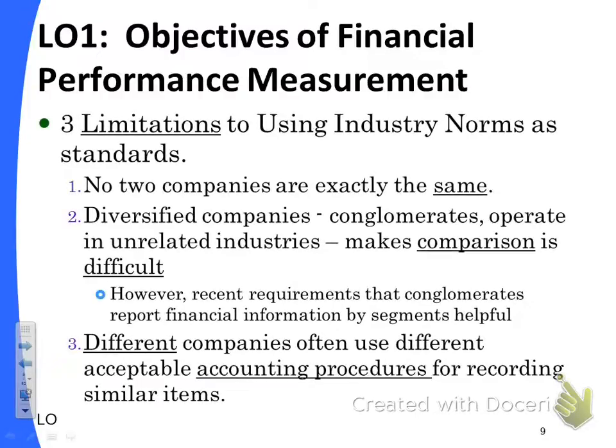So some of the limitations to using industry norms. No two companies are the same, as I just mentioned. And diversified companies operate in unrelated industries, so making comparisons is difficult.